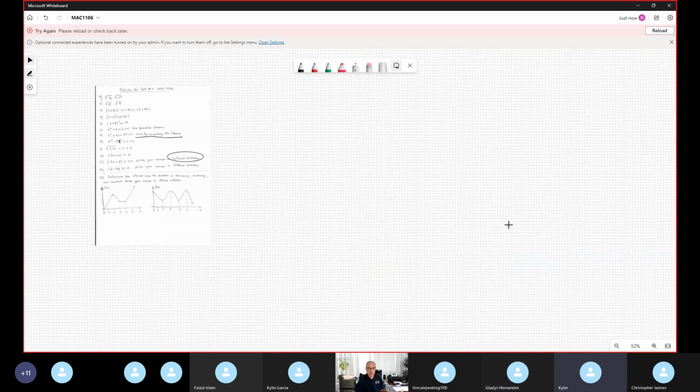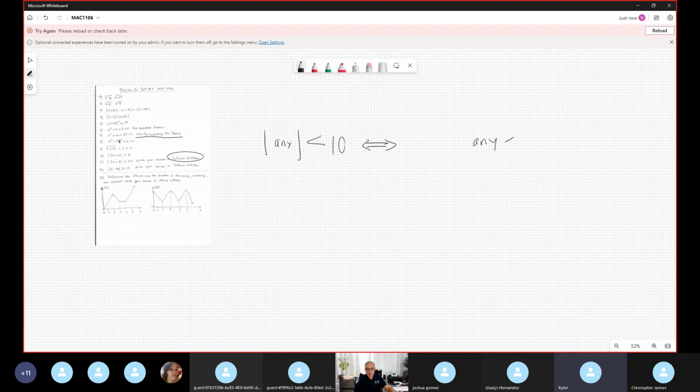Okay, in the inequality, suppose that you have absolute value of x. It doesn't matter the expression, any expression, less than, it doesn't matter if it's less than or equal. This doesn't change. Suppose an arbitrary number 10. This is equivalent to writing any expression in between 10 and negative 10.